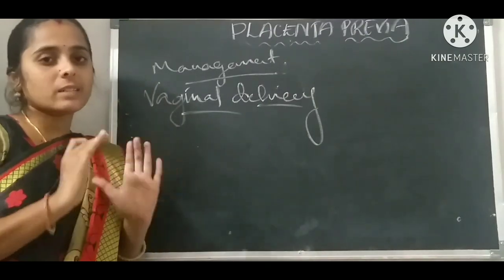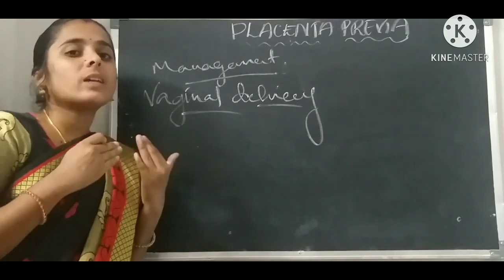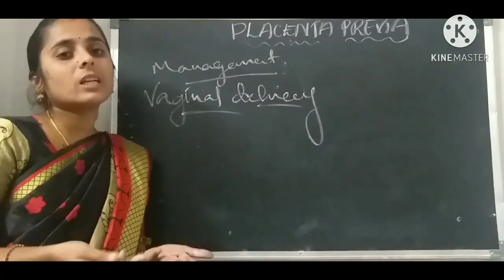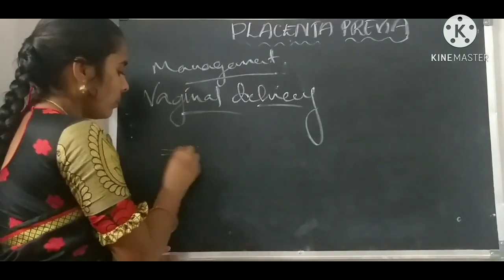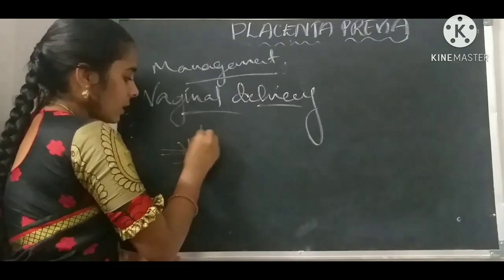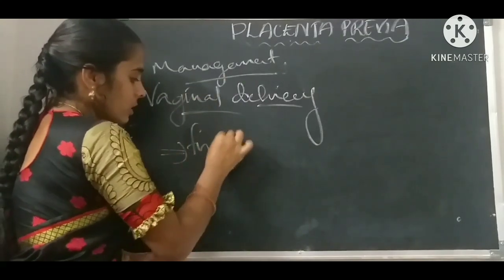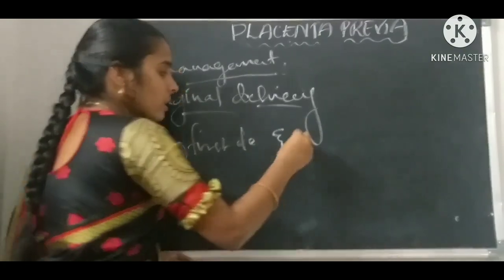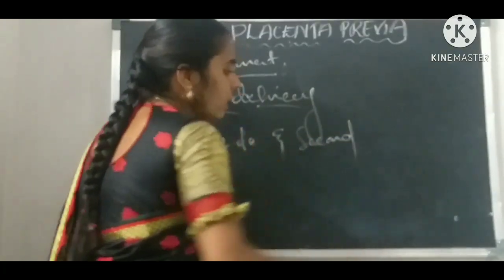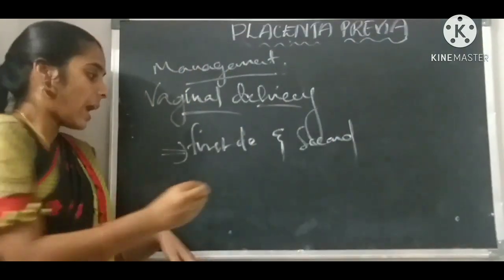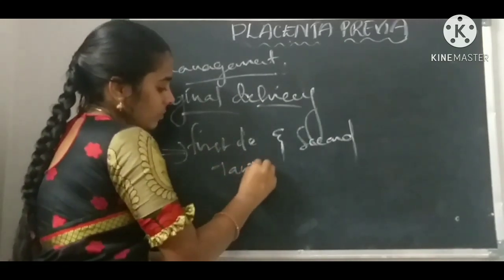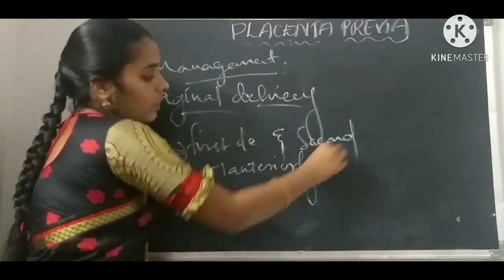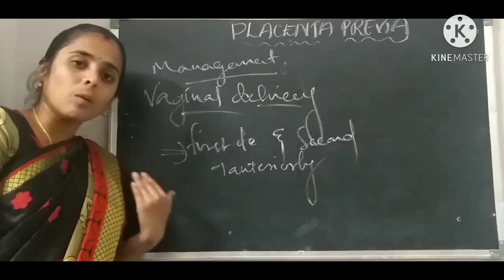In first degree and second degree, if the placenta is present anteriorly, then vaginal delivery is possible. Again I am repeating, in first degree and second degree, if the placenta is present anteriorly, then vaginal delivery is possible.